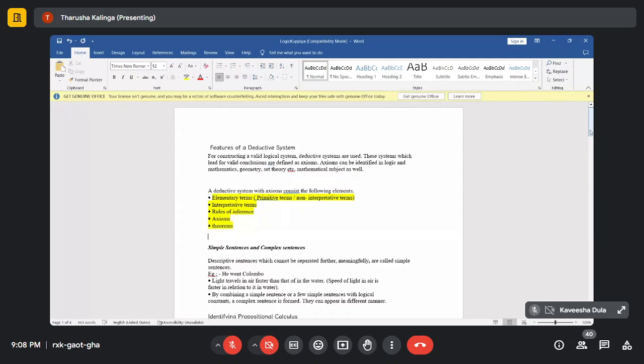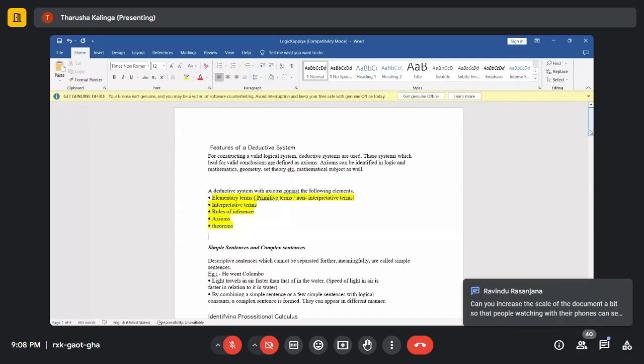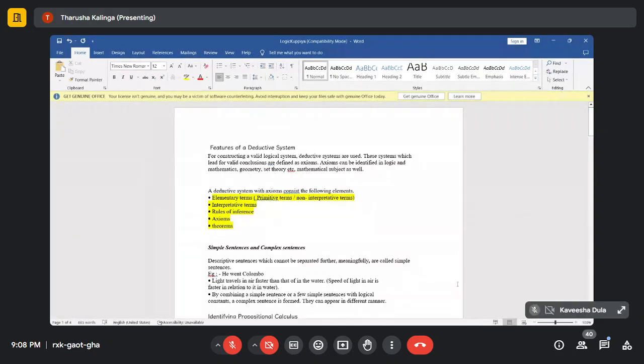Interpretative terms next. Interpretative terms are the terms that we give interpretations. Those terms get meaning through the way we deal with them. For example, let's take p, q, r, s. Those are the variables that we use so often.